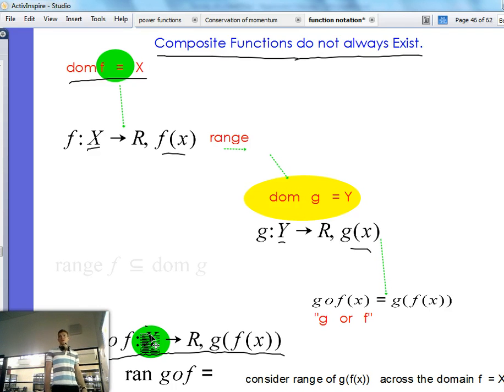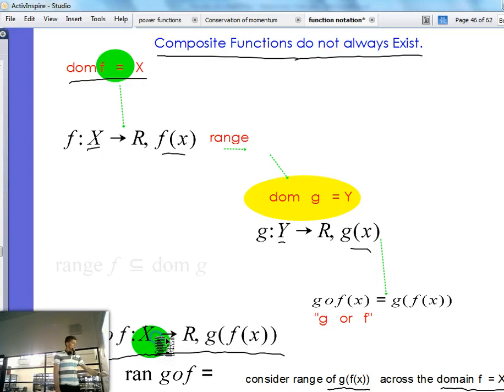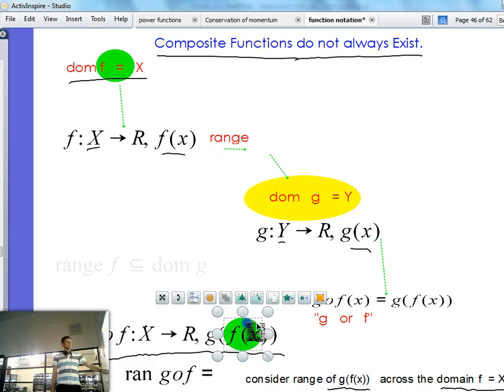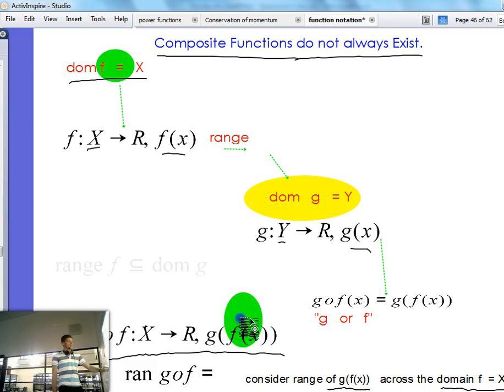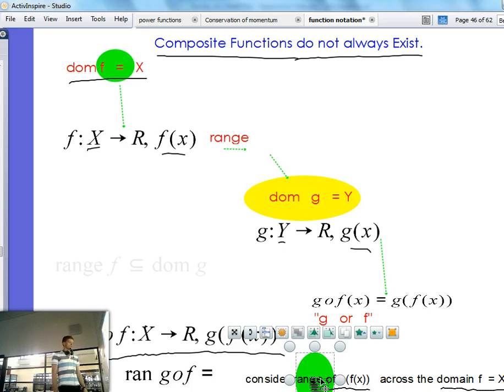What is the range we get of g of f of x? So we must consider the range of this function as an independent function by itself across some domain of x, the original domain of f from way up top. So this then becomes the set of x values that is transformed in a different way, and we get our range.